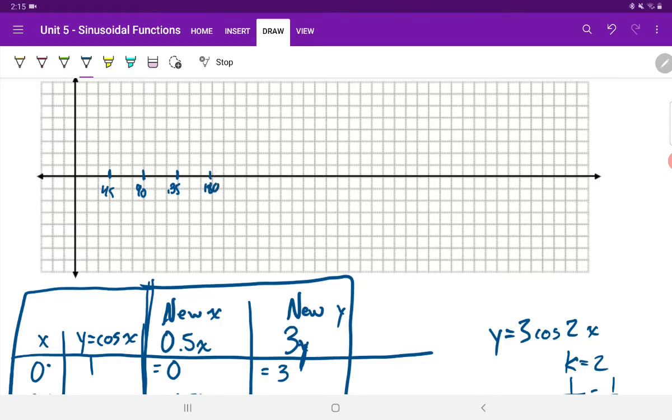It's going to work fairly nicely here. Okay, I probably could have used more of my grid, but that's okay.